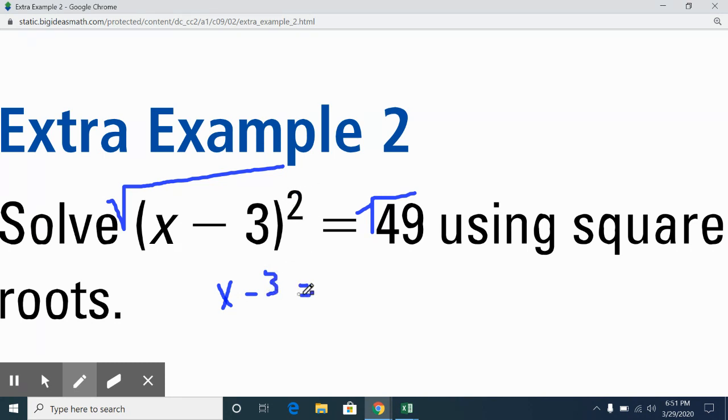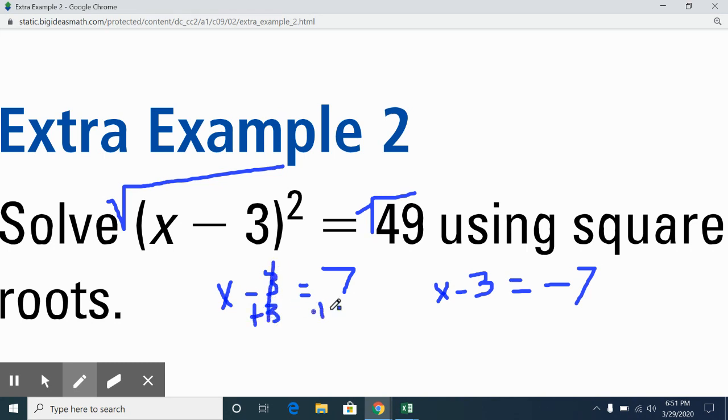Equals, I'm going to write 2 equations because that's just what I like to do personally. One that says x minus 3 equals the positive square root of 49, which is 7, and x minus 3 equals the negative square root of 49, which is -7. Okay, I'm going to solve them.